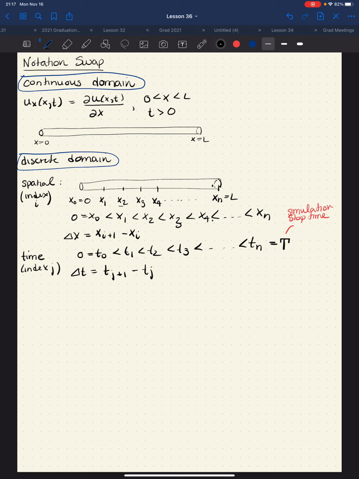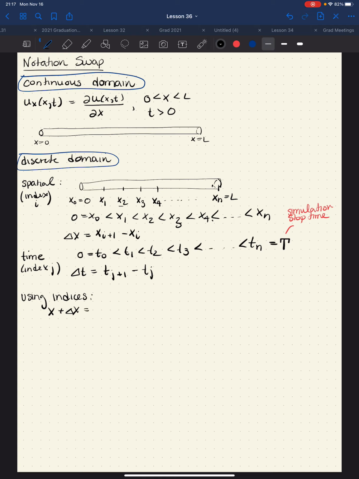Okay, so then how do we relate that to this derivative in the continuous domain? Well, in the previous reading, using indices, one thing that we're going to need access to is what is x plus delta x.